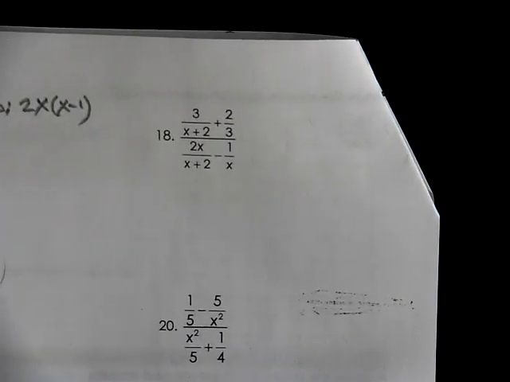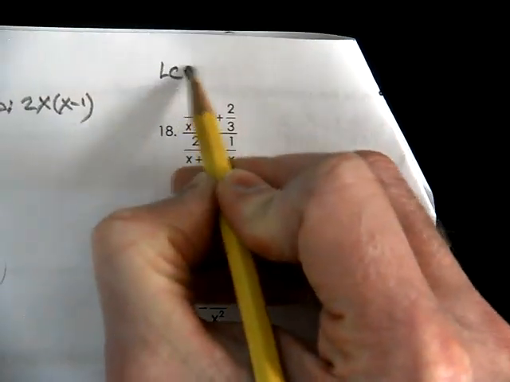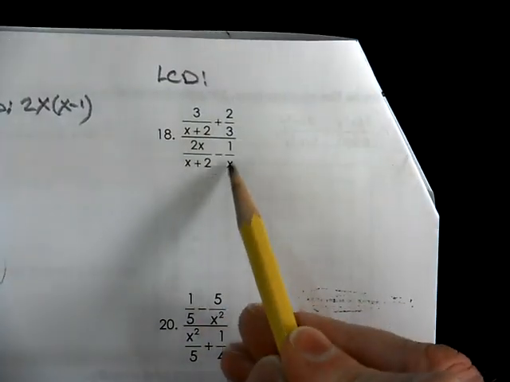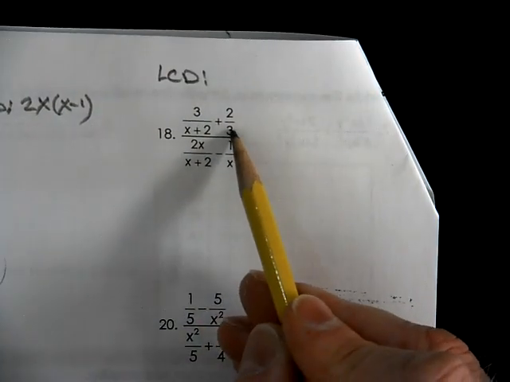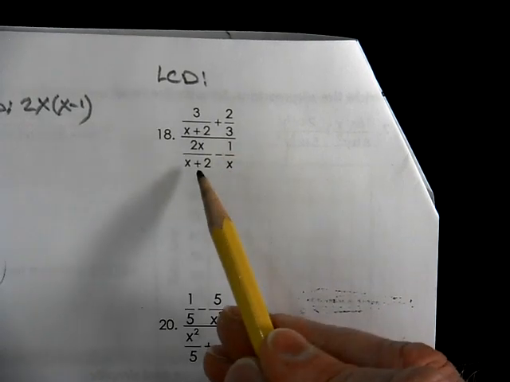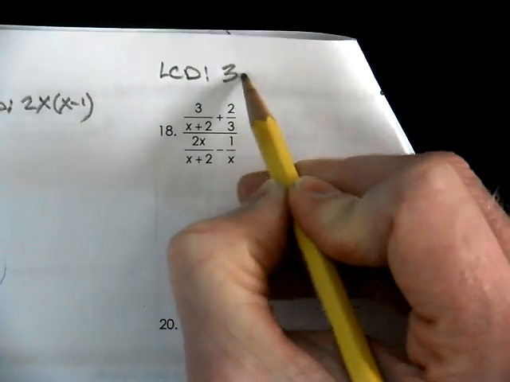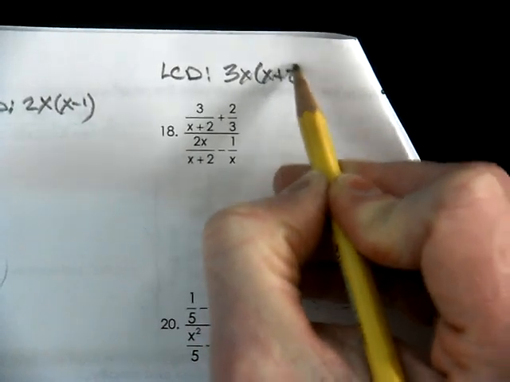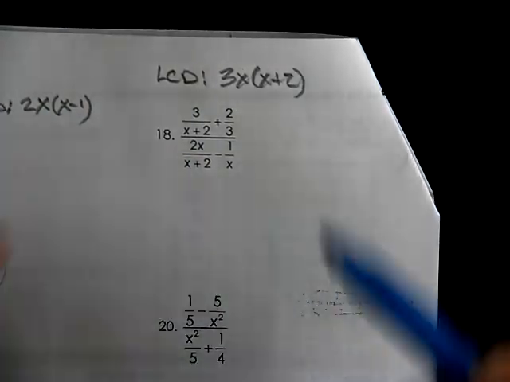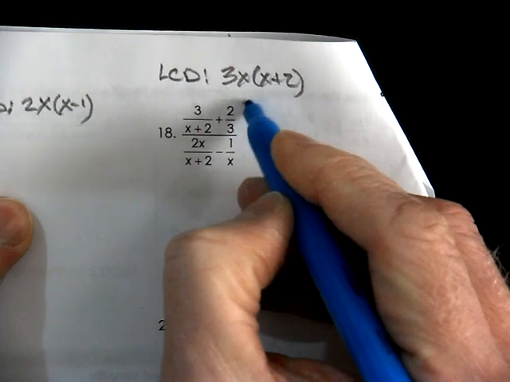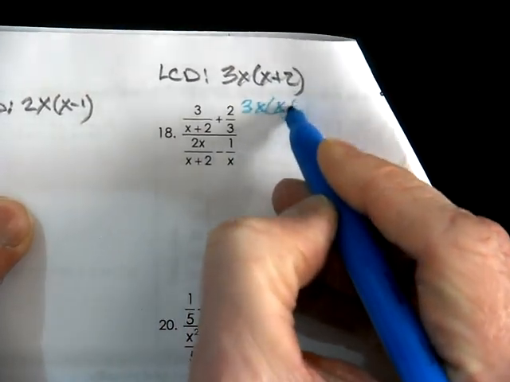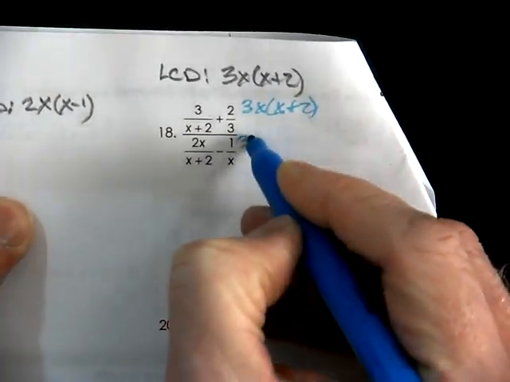Let's try it again. So I'm going to look for an LCD. I'm looking at all three denominators. So I have a 3, I have an x, and I have an x plus 2. So I'm going to multiply that to all three fractions. 3x, x plus 2.